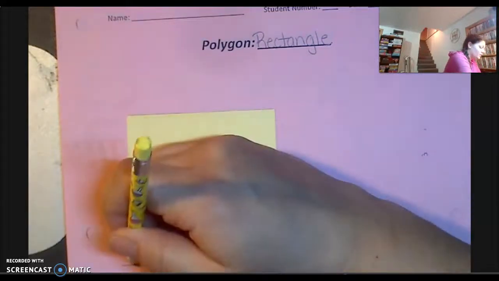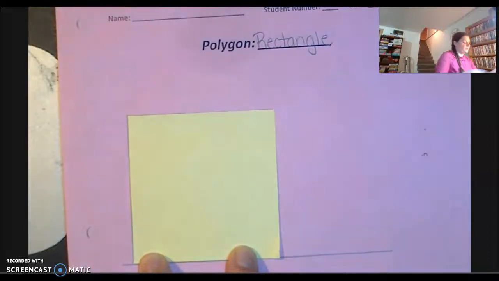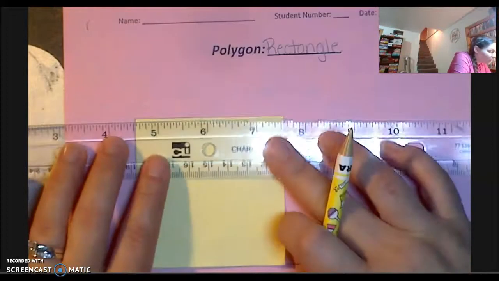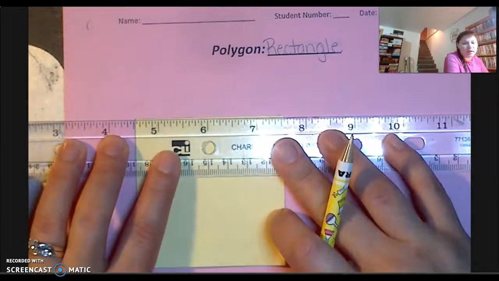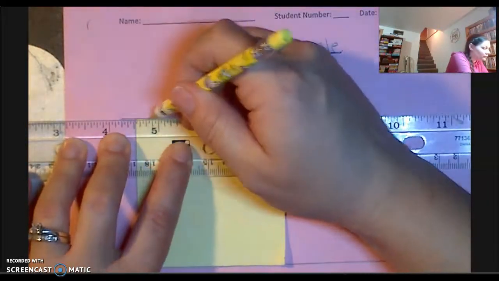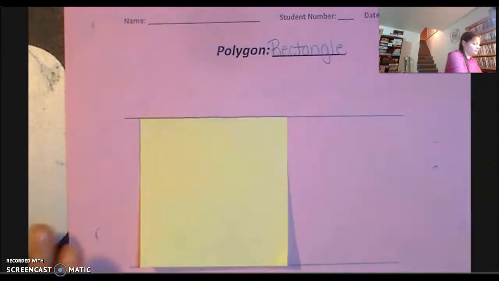So I am going to start by making a straight line, and I'm going to line my ruler up on top of that sticky note because I know that they're parallel lines, and I'm going to draw my second line.